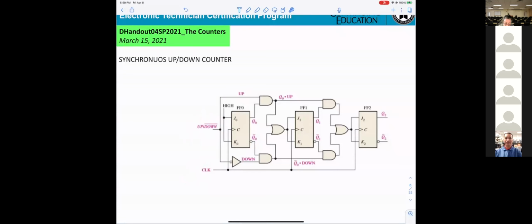So for counting up, what logic is here? One, correct. You can see that now there is a bar over it. That means active low. If you set it to 0, they will be counting down.